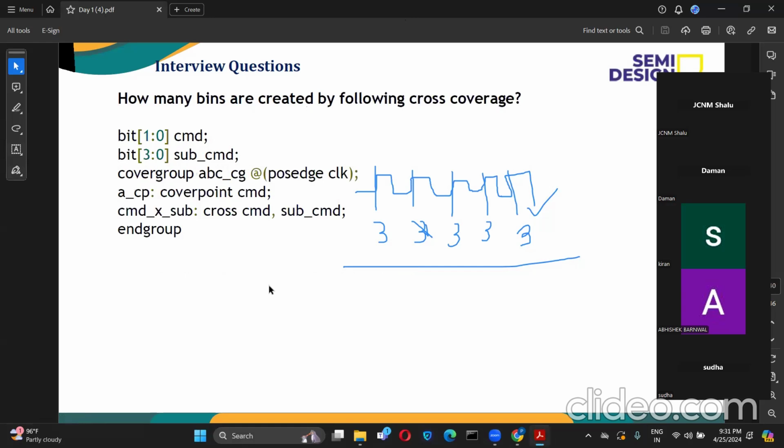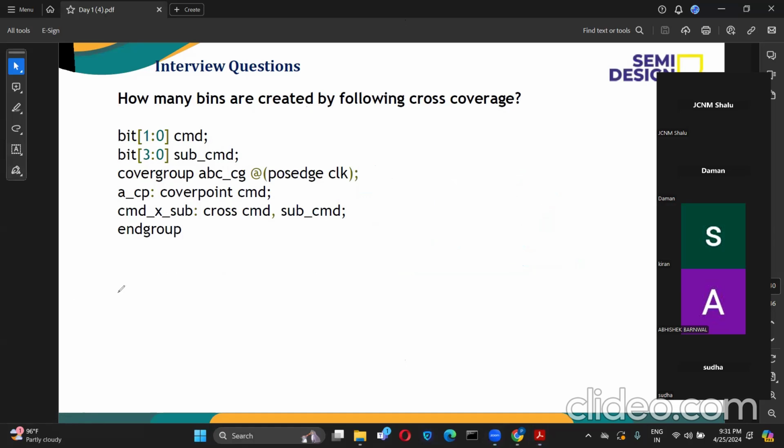How many bins are created by the following cross coverage? Well, basically for cross coverage, 16 bins for sub command and 4 bins for command.